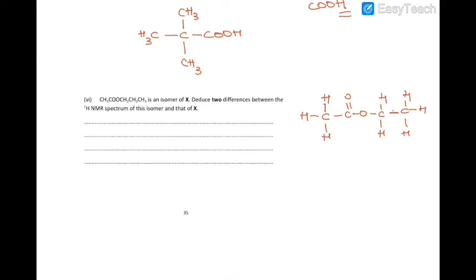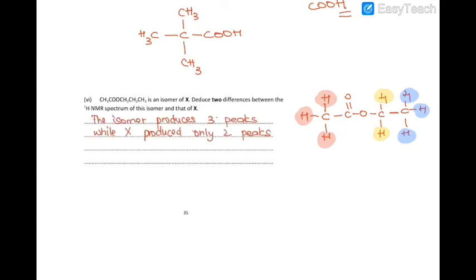So I'm going to have hydrogens in one environment, hydrogens in another environment, and the CH2 here is in a third environment. Three environments give me three peaks. That's the first difference.